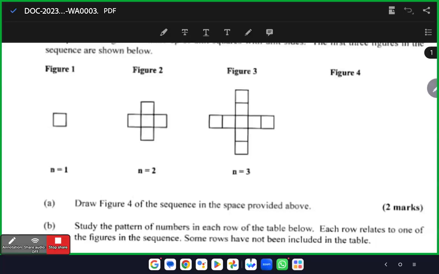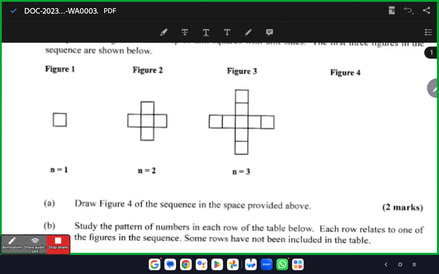If you notice, for figure 1, which is n equal 1, meaning figure 1 is in the first position, we only have one square. For figure 2, which is the same as n equal 2, where figure 2 is in the second position, that is what n means, the position of the term. So the 2 here means that the term is in its second position in the sequence or order.